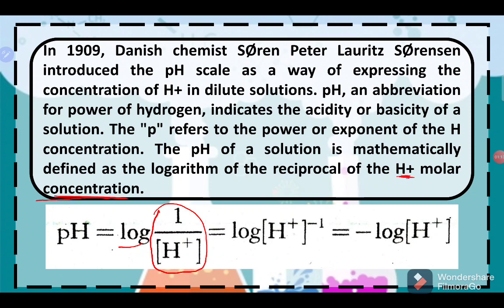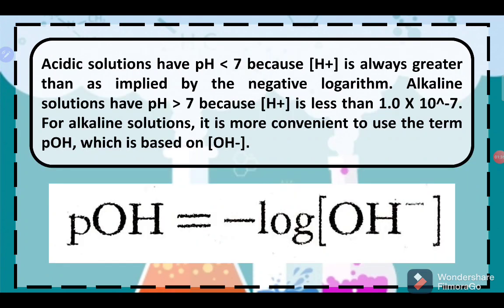If we simplify this, we can have this formula, logarithm times the hydrogen molar concentration raised to negative 1, or we can have negative logarithm times the molar concentration of the hydrogen ion. Next, acidic solutions have a pH level less than 7 because the hydrogen ion is always greater than 1 times 10 raised to negative 7, as implied by the negative logarithm.